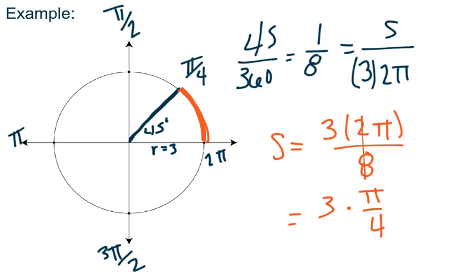So, in the event that our radius was 7, I could just replace this 3 with a 7, and I would just have a factor of 7 out in front. So this is one of those cases where using radians makes things so much simpler than trying to work in degrees.